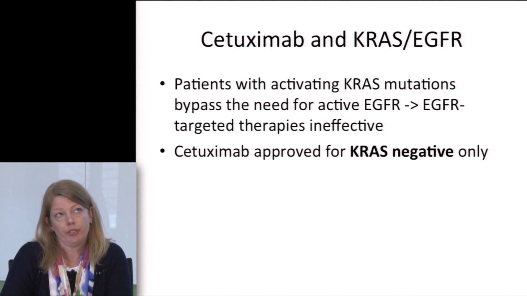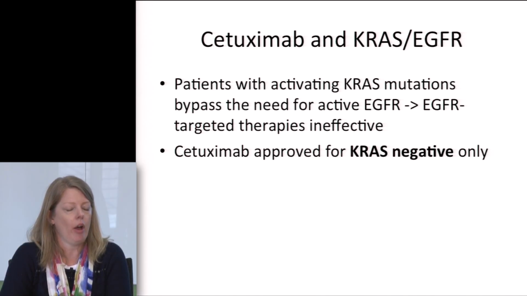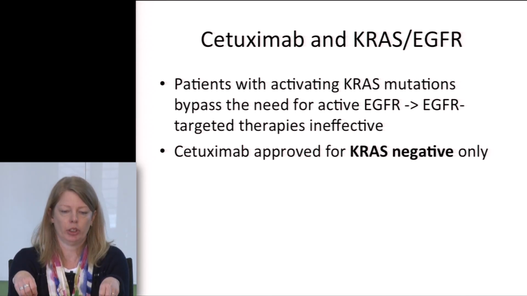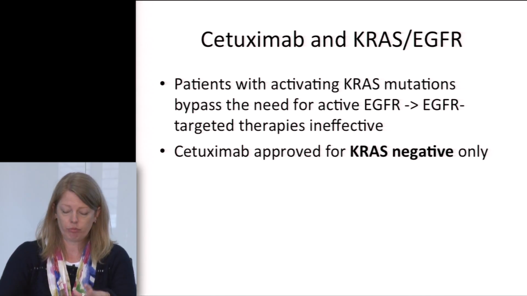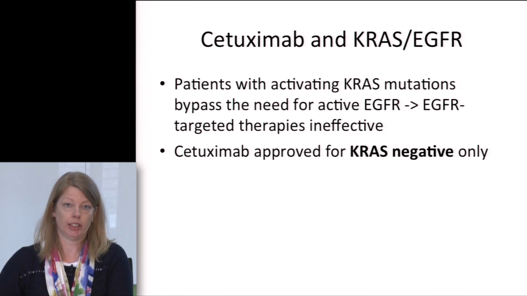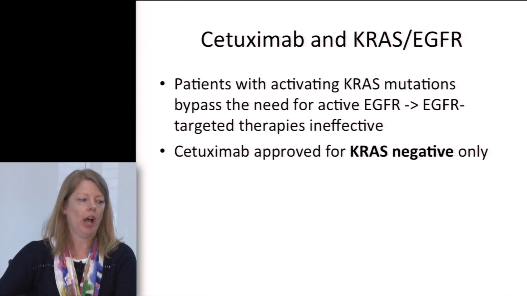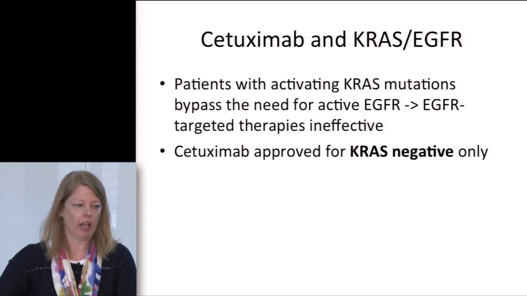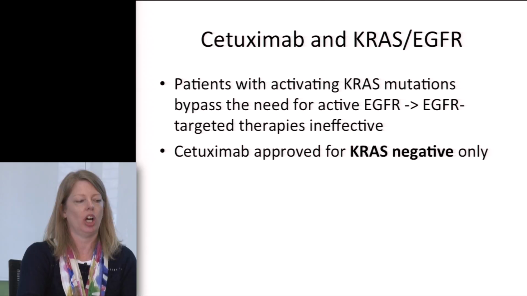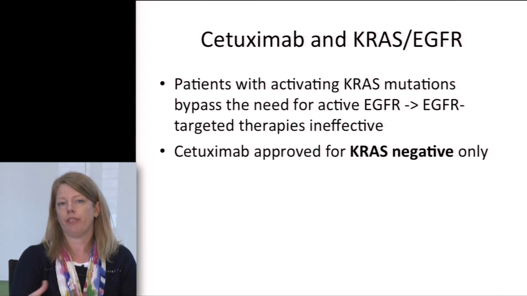There's a different drug that is also related to EGFR called cetuximab. However, when this drug was developed, the label acknowledged that even if you block the EGFR, there can be downstream activating mutations in another gene called KRAS. If you have the activating mutation in KRAS, then inhibiting EGFR is not effective.